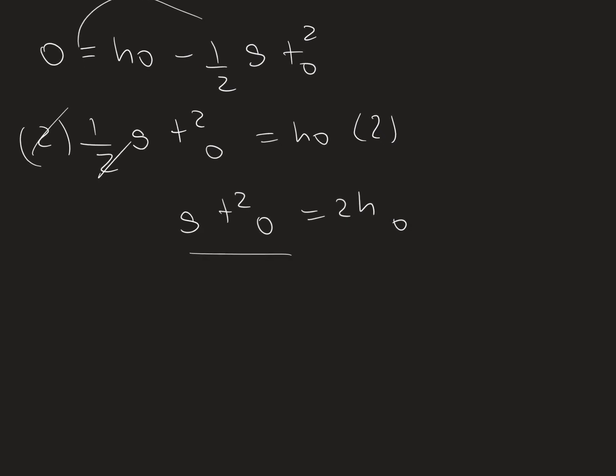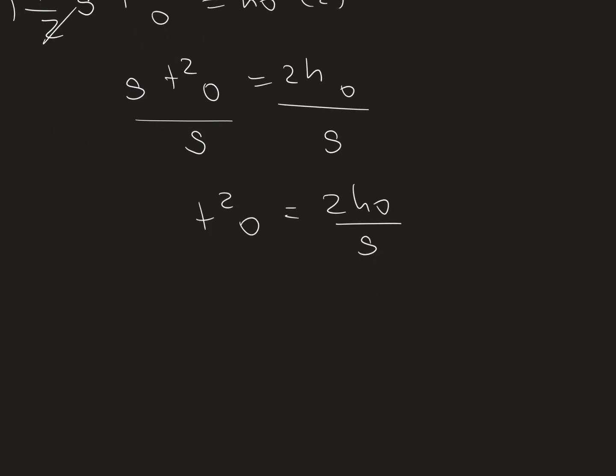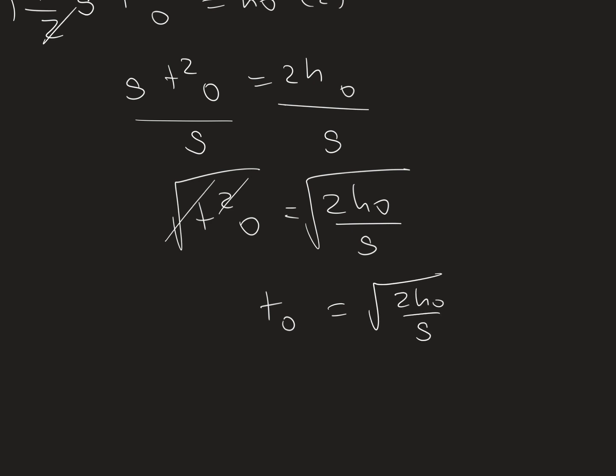Now we're gonna divide both sides by g, and we end up with t0 squared equals 2h0 divided by g. Next step, we're gonna square root both sides. Cancel, t0 will be the square root of 2h0 divided by g.